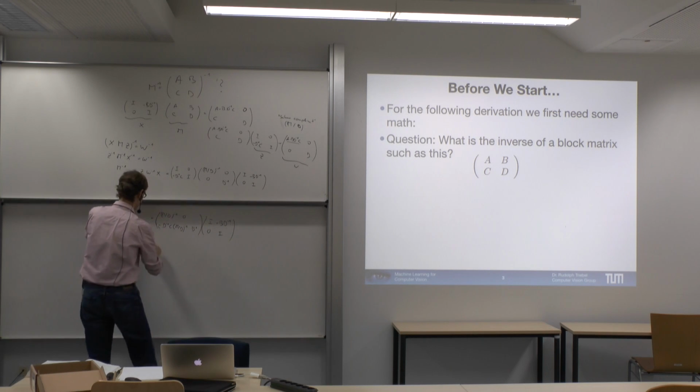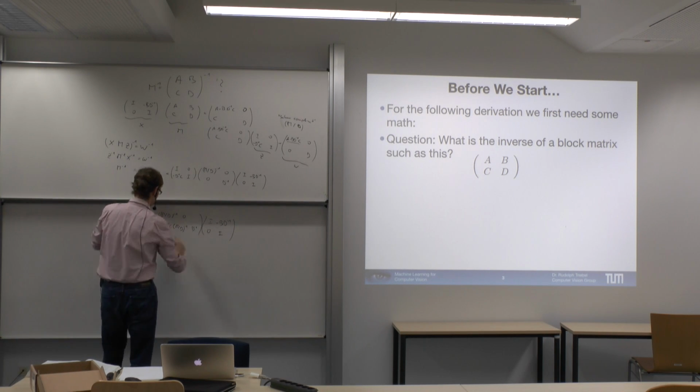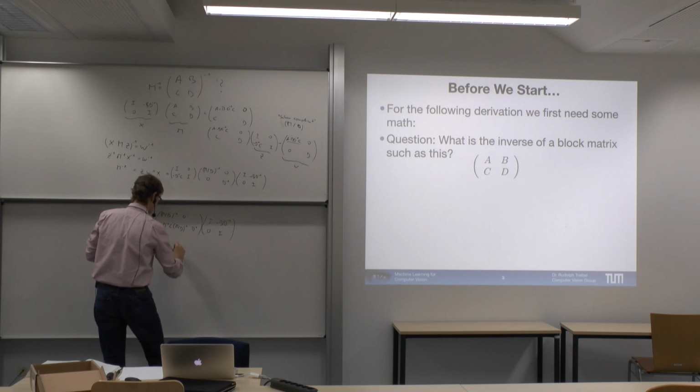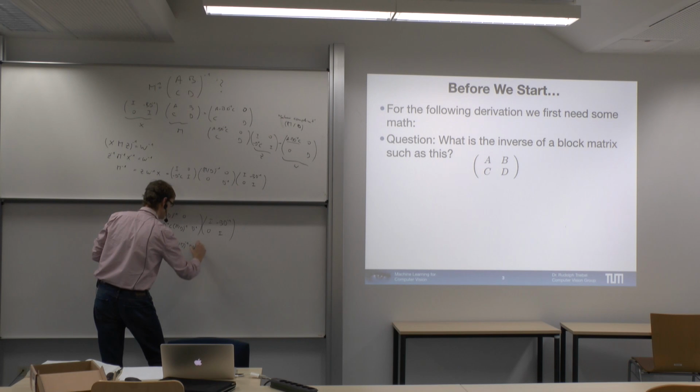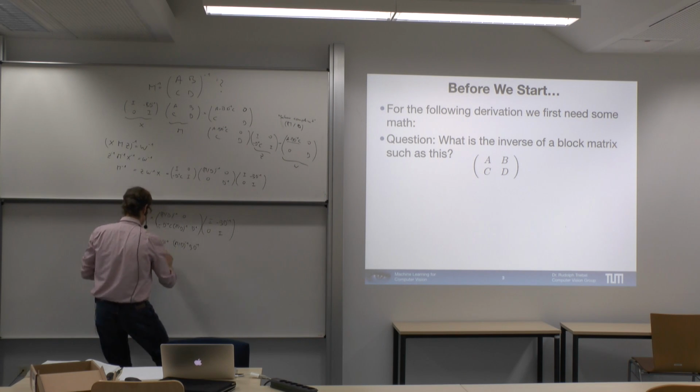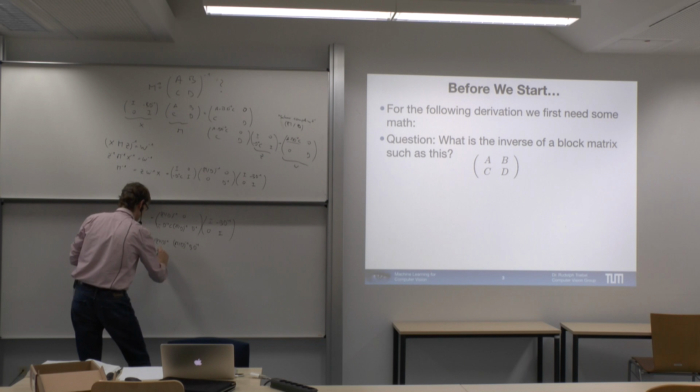Which is the same as: this is Schur complement, this is Schur complement times B D to the minus 1, this is minus D to the minus 1 C Schur complement.